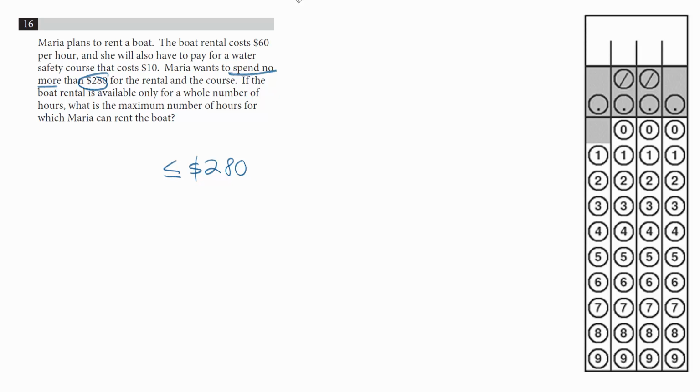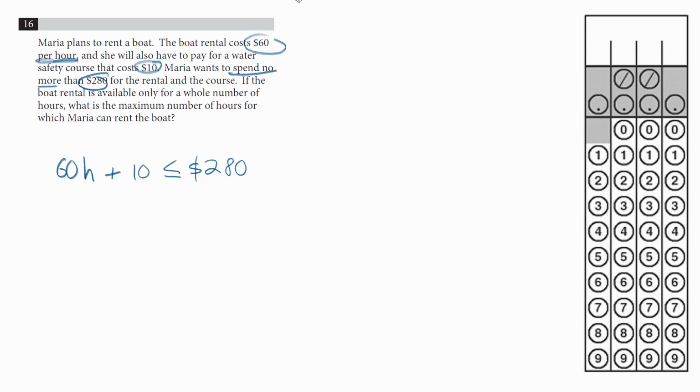Now she has to spend $10 on the course, and then she has to spend $60 per hour. So if she spends 1 hour, she'll spend $60 on the boat and then $10 for the course. So for however many hours, she spends $60 per hour plus another $10, and as long as all of that is less than 280, she's good to go.